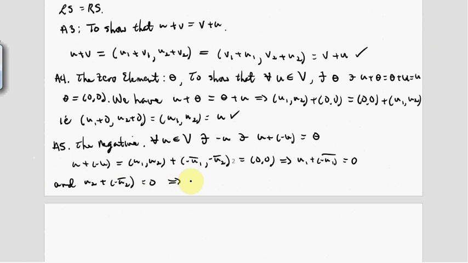And both imply here that negative u sub 1 hat is equal to 0 minus negative u sub 1, so that's what that is, and negative u sub 2 hat is equal to this 0 minus u sub 2, so negative u sub 2. So negative u hat is equal to negative u sub 1 comma negative u sub 2.